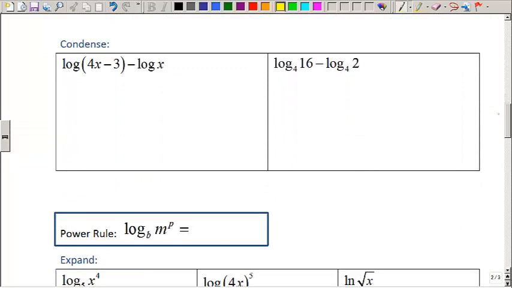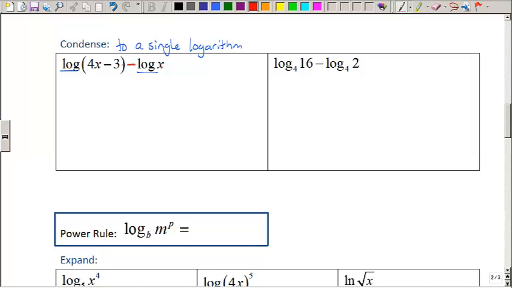The last thing that we're going to do with our quotient rule is to condense. I guess more specifically we'll say condense to a single logarithm. So I have two logarithms, and I'd like to condense down to a single logarithm. I note that the sign or operation between the two logarithms is subtract.